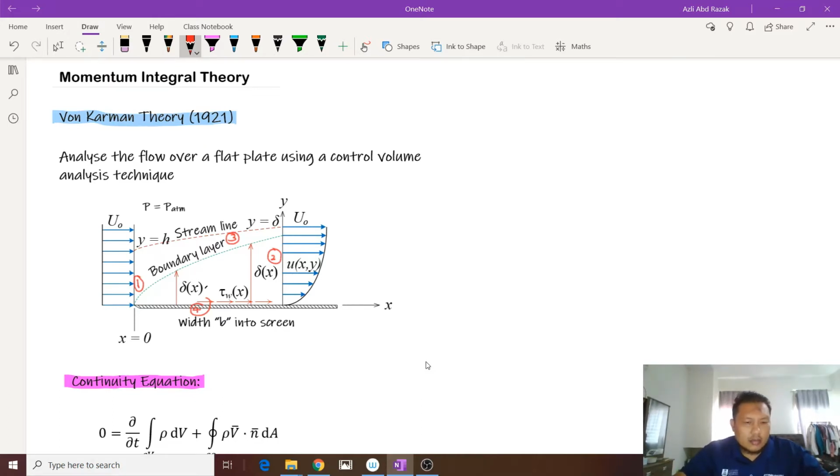We have defined the control volume as shown here. So we know that this is what we call the flux.